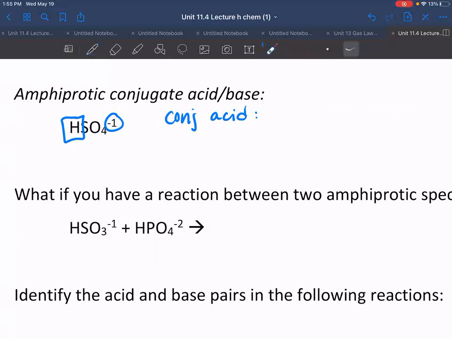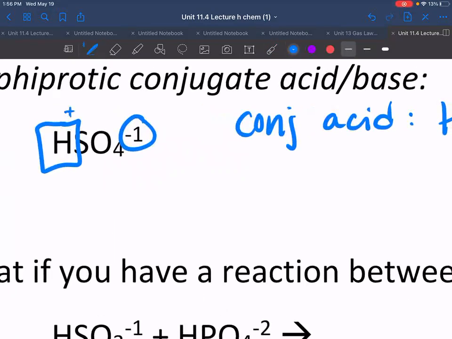So think about if you're trying to find the conjugate acid, what would happen if this acted like a base? So then what should its conjugate acid look like? Beautiful, H2SO4 with no charge. Because you got to remember that each hydrogen's +1.